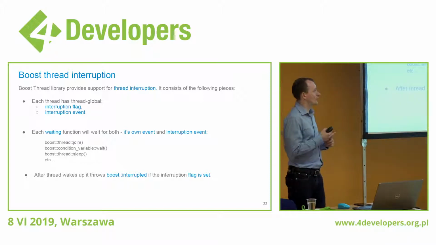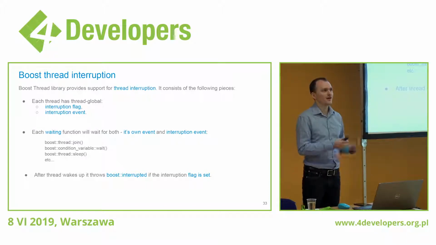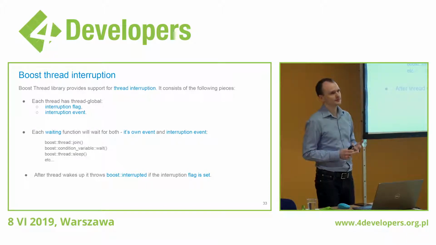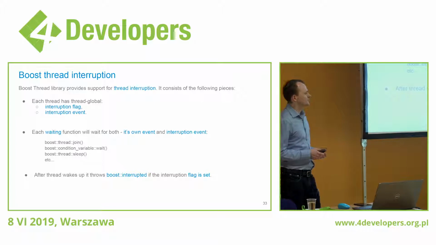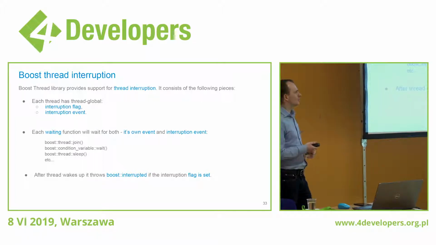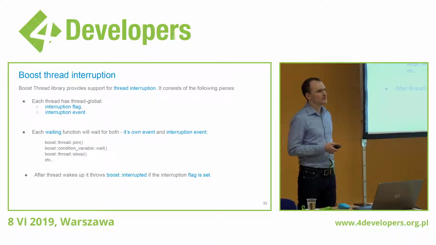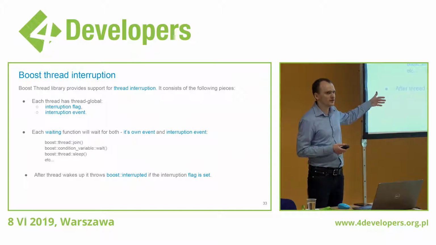It waits for the thing it's waiting for and for the interruption event. And how do we interrupt a thread? We call a function that sets the exit flag and then triggers the interruption event.